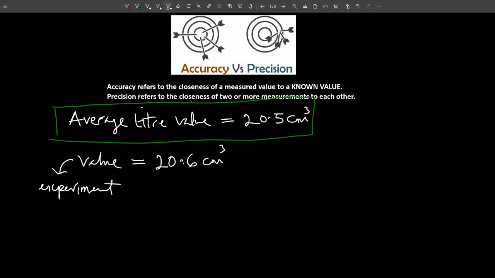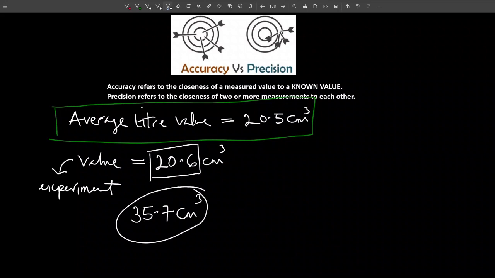So the closeness of a measured value, which is my experimental value, to a known value is what we call accuracy. So my experimental value is accurate. Take for example, I did the experiment and I got 35.7 centimeter cube. This is my experimental value, but this is my known value.